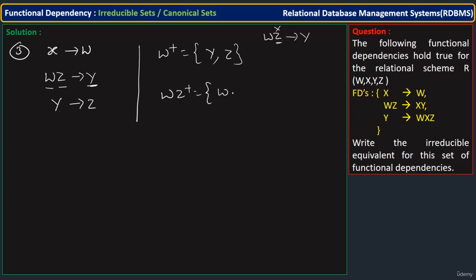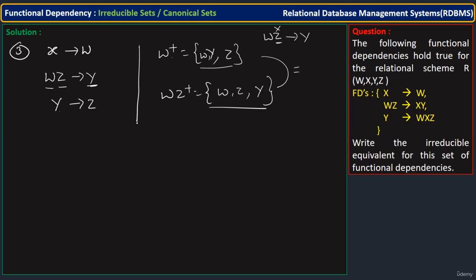W, of course, and Z. Of course, here W is there, we must take it, and WZ together generate Y. This is the final result. If you observe, without Z or with Z, you are able to generate the same thing. That means Z doesn't have any importance here, because we are generating the same set. So we can skip Z from the LHS part. This subset you can take in place of this LHS part.